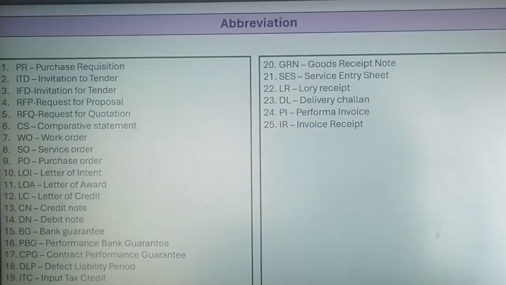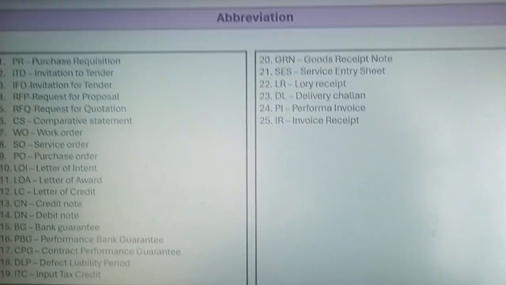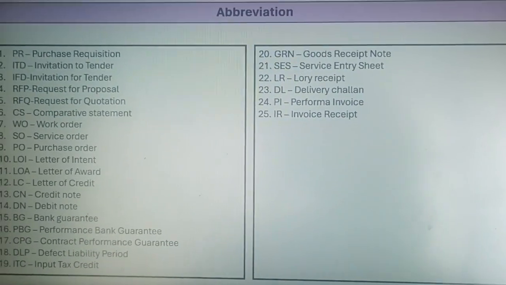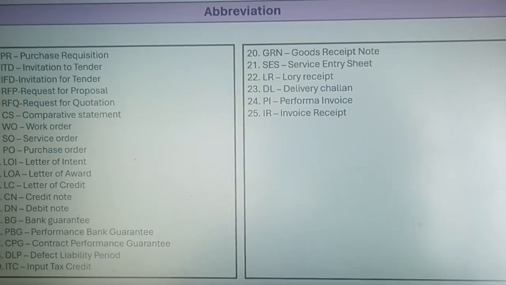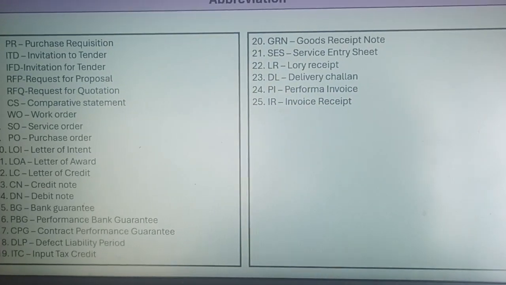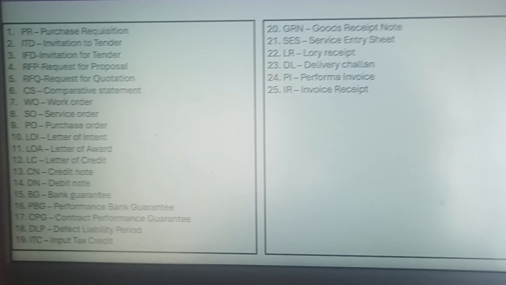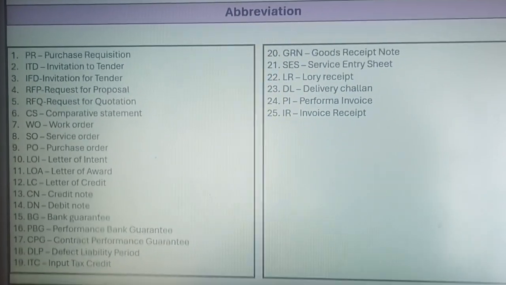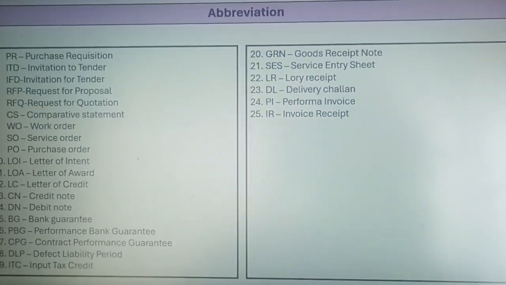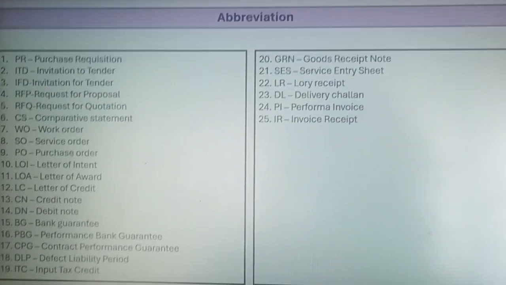Then it is called the invoice receipt. Once the material or service given by the contractor to our premises is confirmed by our user department, we send a copy of the goods receipt note or service entry sheet to the contractor, and they raise their invoice and send it to us for the further payment process.